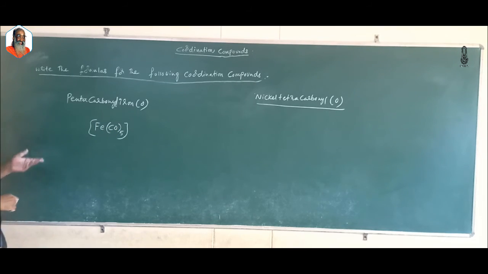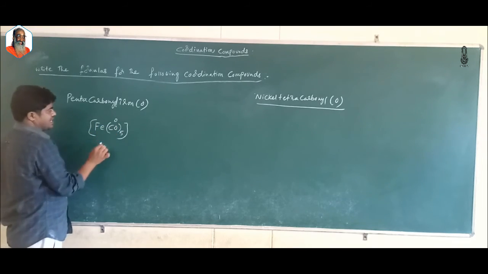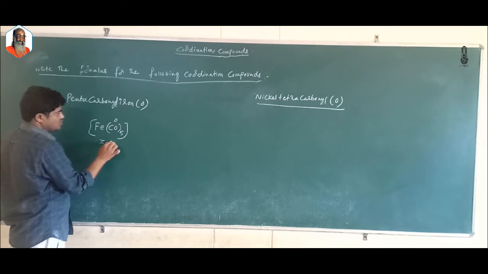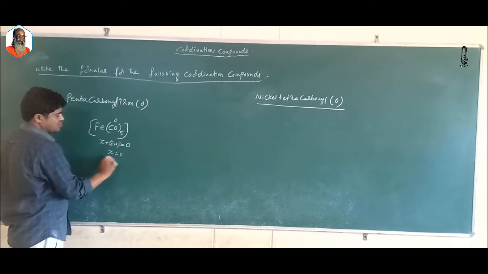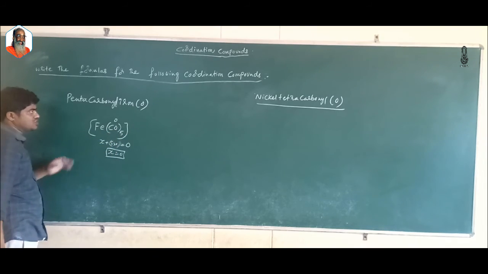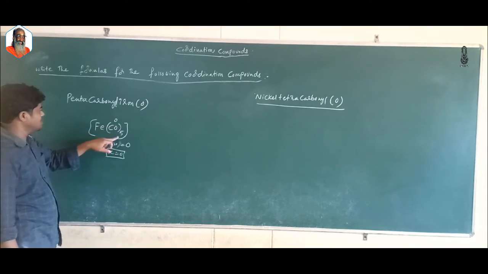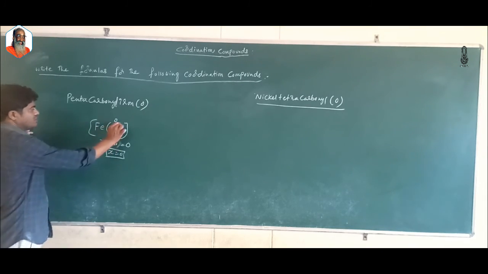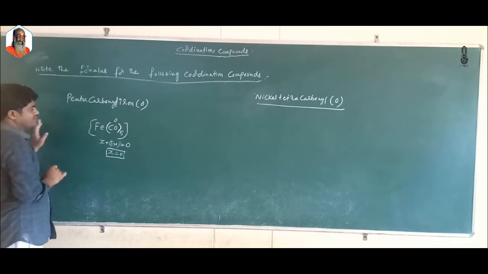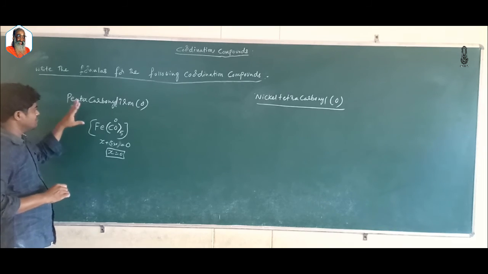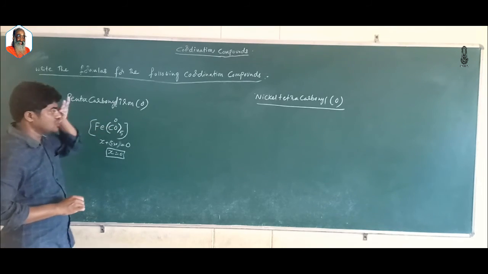The oxidation state of iron is 0 here because CO is a neutral ligand. x plus 5 into 0, the sum of oxidation states is equal to the charge on the complex. If there is no charge, keep it 0. x is equal to 0. So the oxidation state of iron is 0. That's why the formula is Fe(CO)5. Enclose the ligand in parentheses, 5 ligands of CO. Pentacarbonyliron(0).